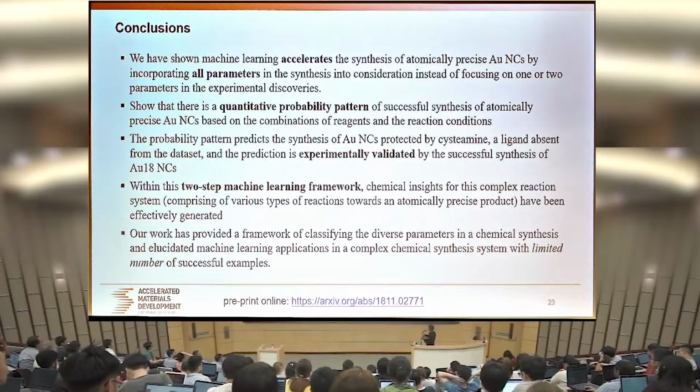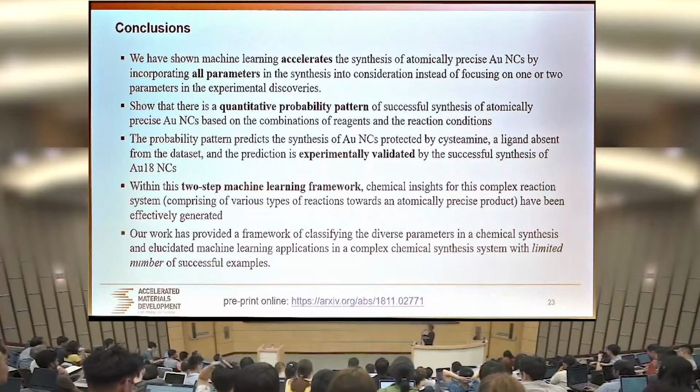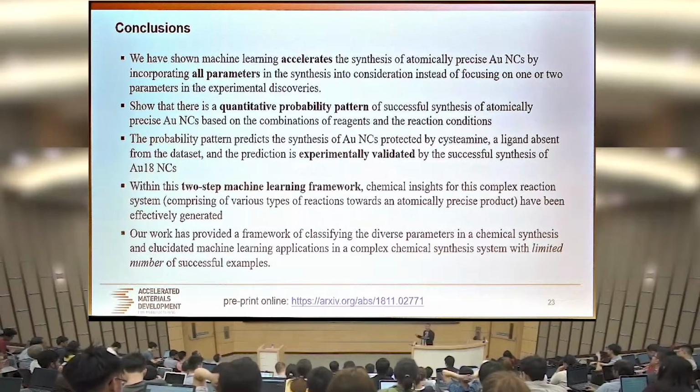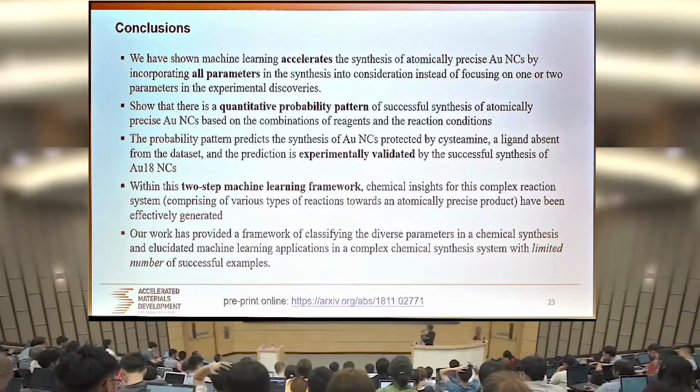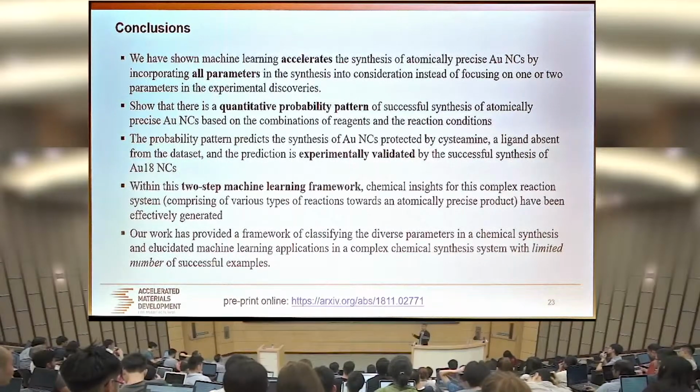To conclude, we have been able to show that machine learning methods can actually accelerate the synthesis of new materials, incorporating all parameters into consideration rather than just focusing on 1 or 2 parameters as is done nowadays. And we are able to find some quantitative probability patterns, not just qualitative relationships, especially for very complex reaction systems where you don't have any simulation model yet.